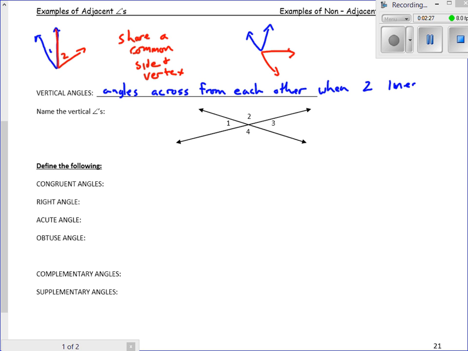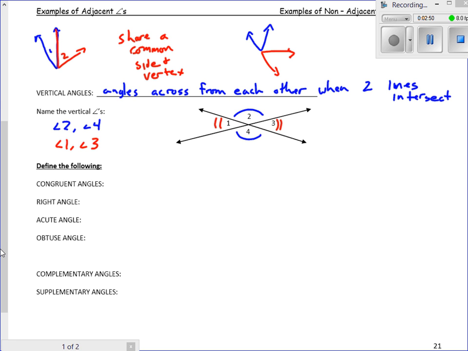Notice in that very next picture, that's two lines intersecting, okay? And so all of a sudden, some vertical angles, you got 2 and 4 that go together. So 2 and 4, those are probably the most obvious because they are up and down. But 1 and 3 are also considered vertical angles because they're across from each other when those two lines are intersecting.